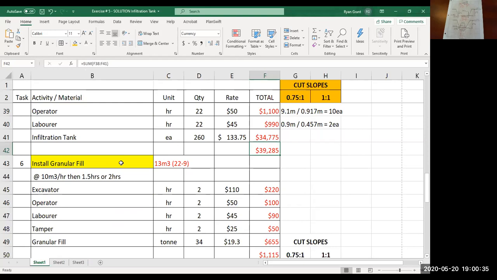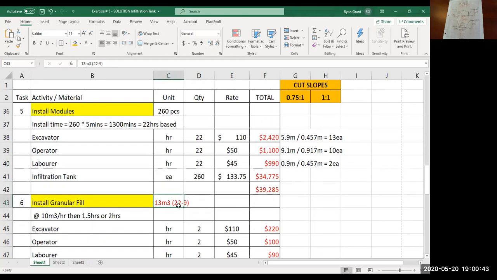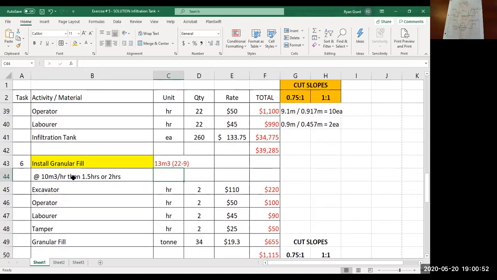So this is the rest of your granular. We calculated a total of 22 in a previous step, and we've already installed 9. So that remaining is 13. So 13 cubic meters at 10 cubic meters per hour is either 1.5 or 2 hours.